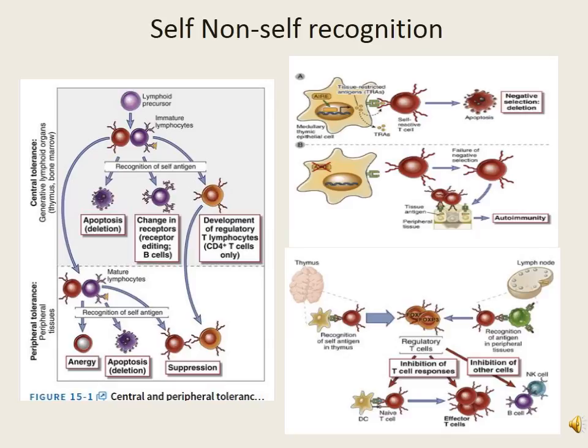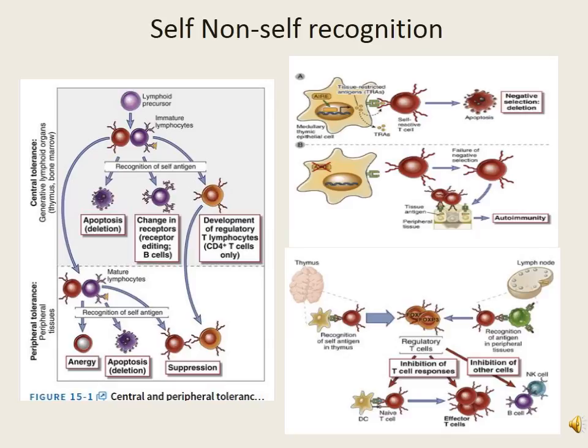Okay, for the right-hand side figure, the upper one shows you the role of the AIRE gene, autoimmune regulator gene.